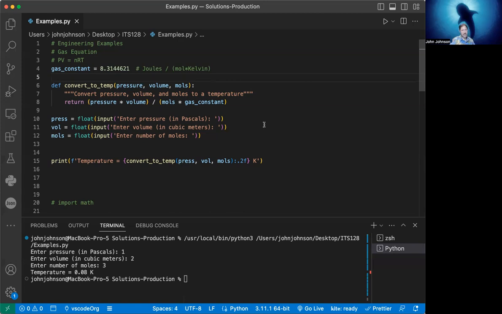This is the book's example. Notice that they did not do what they preach, which is to be kind of verbose. I would think you would want to say pressure instead of just press, and then volume, just spell it out. You're almost there. So moles, one letter short, just put in the E for crying out loud.